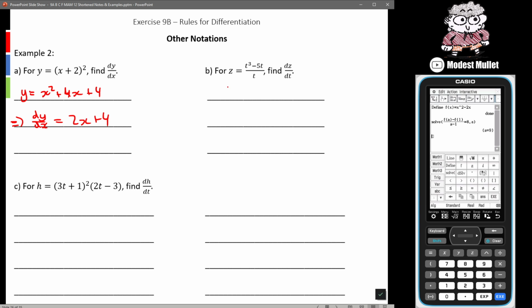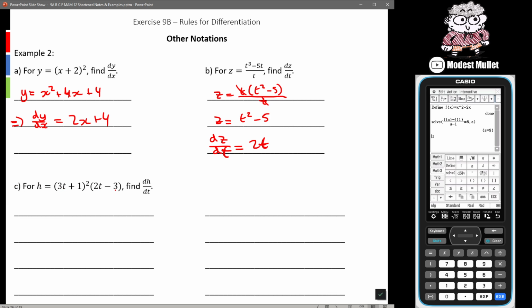So we could say z is equal to t bracket t squared minus 5 all on t. Cancel t's, so z is equal to t squared minus 5. So dz dt is equal to 2t. That's it.